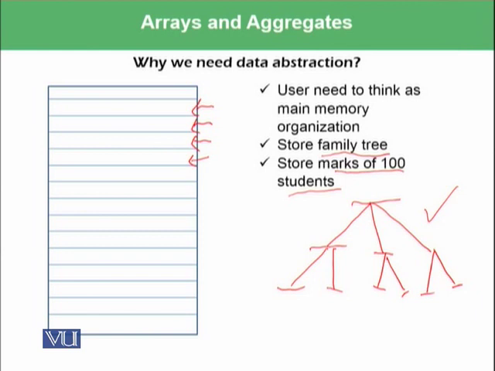However, when we manipulate such data, we say that the marks of the first student are 80, the second student's are 20, the third student's are 70, and so on. So this means that in the real world we do not define multiple variables for storing the marks of 100 different students.